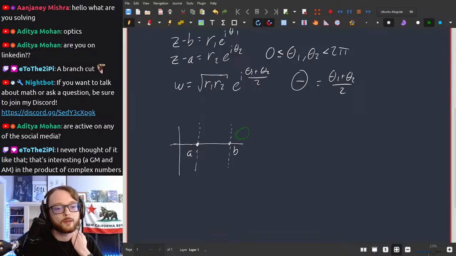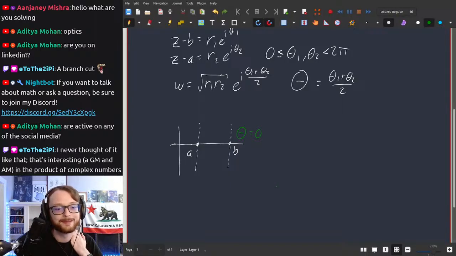So in this zone over here, they just kind of said this entire zone is big theta equals 0. But I don't know what that means necessarily.